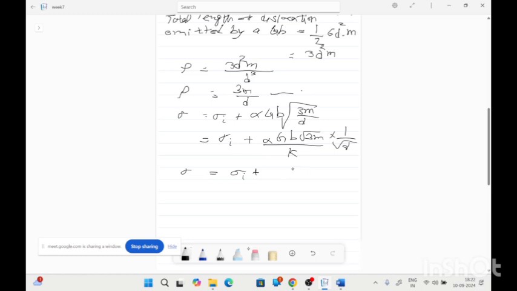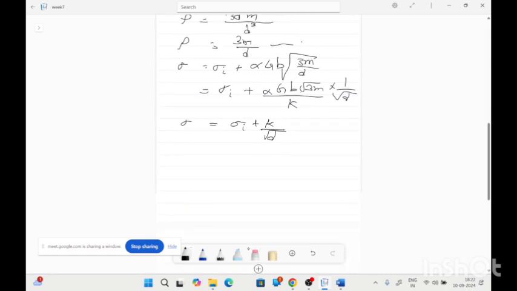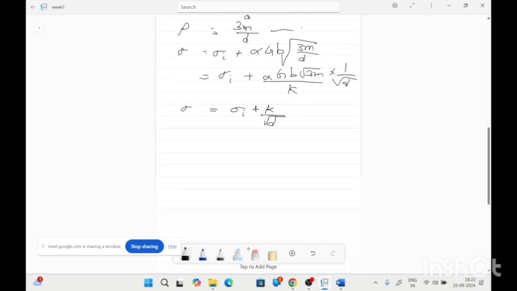This is how we can get the Hall-Petch relation from the dislocations generated by the grain boundaries.